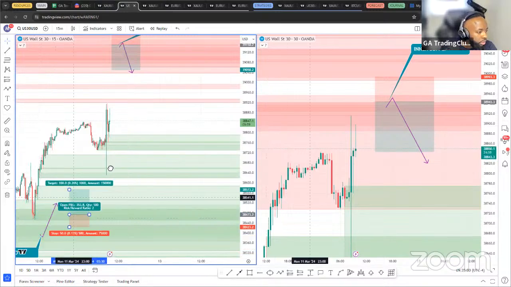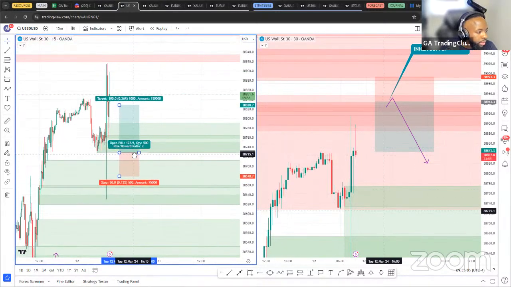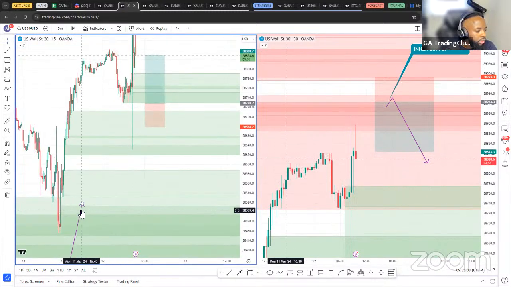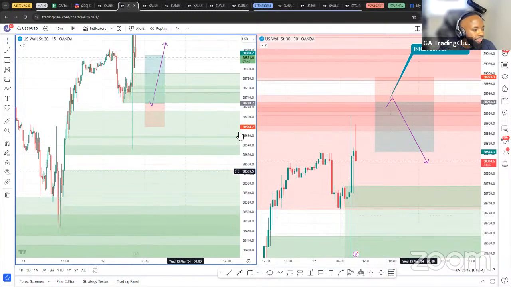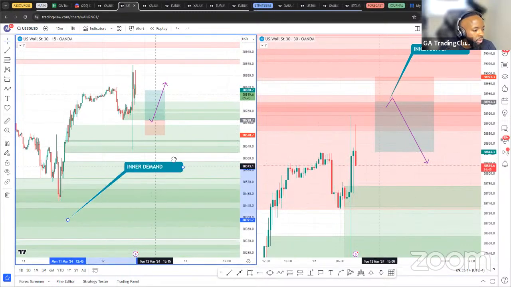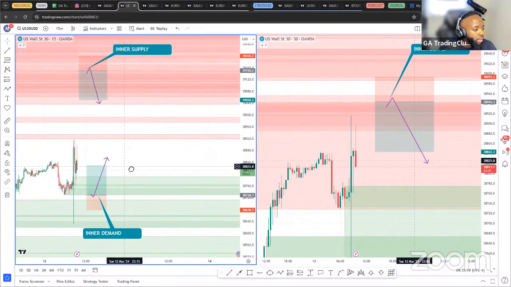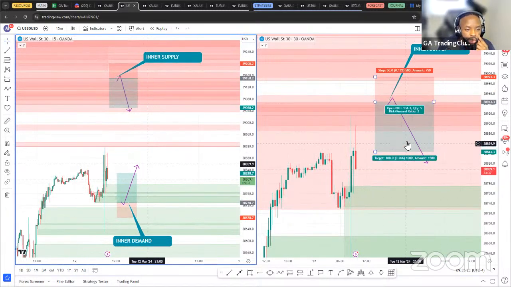For demand zone, we have this zone right here. So remember, these zones change in real time. Zone right there. So possibly going to get a buy on US 30 today.